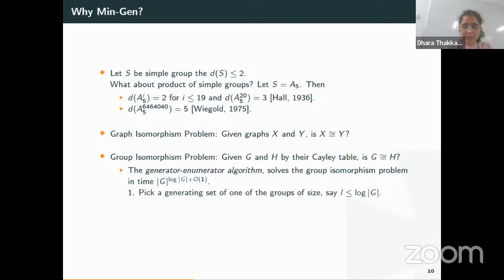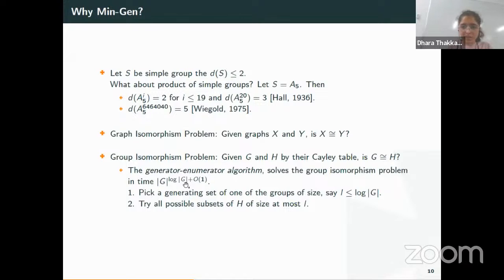It first picks a generating set of size at most log mod G, say size L, and then it tries all possible subsets of H of size at most L, trying to define an isomorphism from the generating set of G to the generating set of H. Since we are trying all possible subsets of H, the running time is quasi-polynomial in the size of the group G.